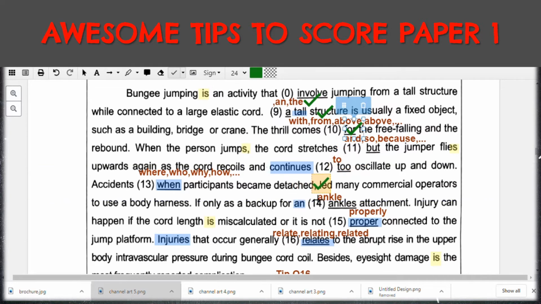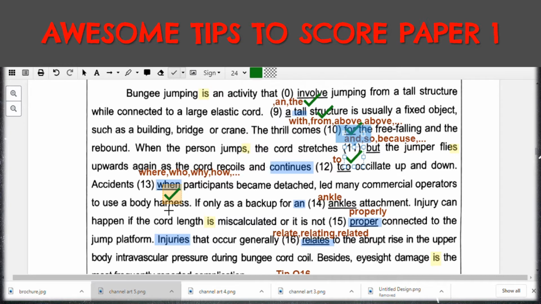Now, next, let's look at question 12. Again, as the cord recoils and continues. "Continues" is always followed by "to". This is a wrong spelling, a homophone, "too" and "to". It's "to": continues to. Now next, 13. When you look at any WH words, it must be replaced by another WH word.